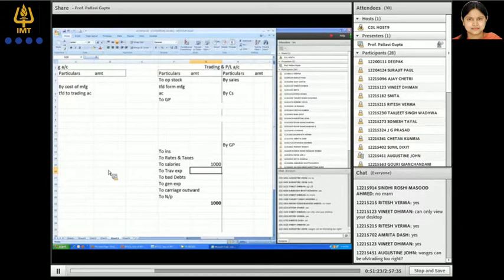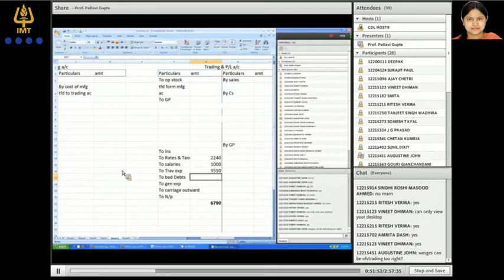Rates and taxes, again part of the PL. Traveling expenses, again part of the PL. I think rates and taxes are 2240 and traveling expenses are 3550.